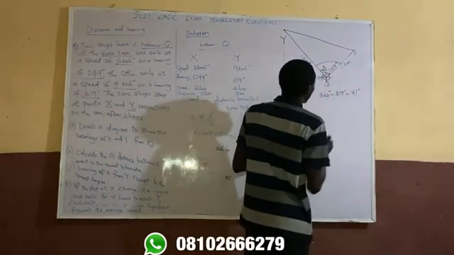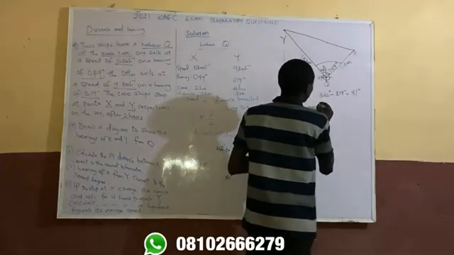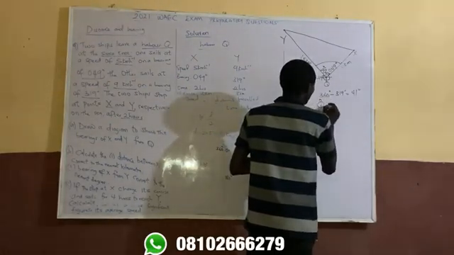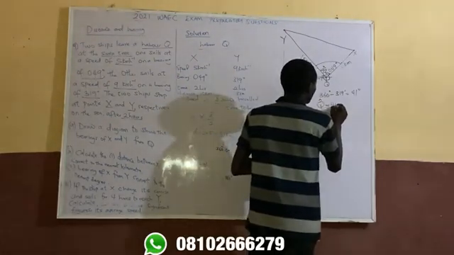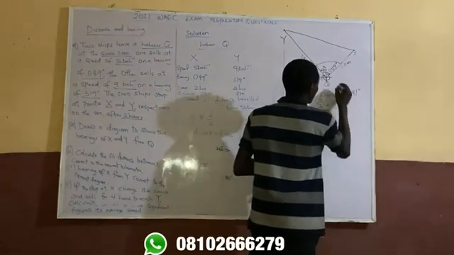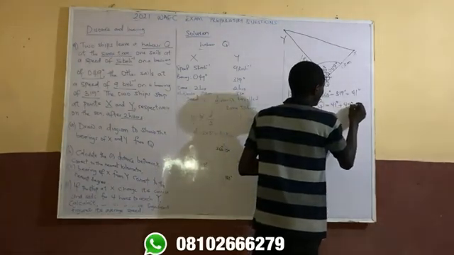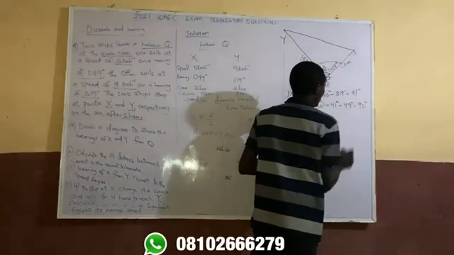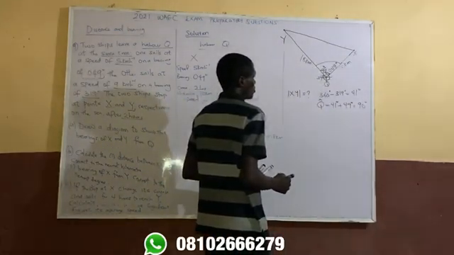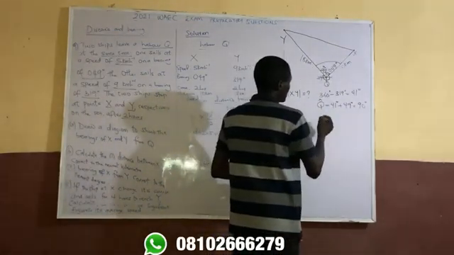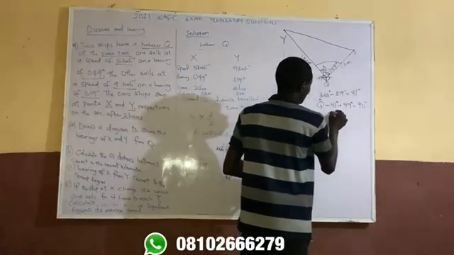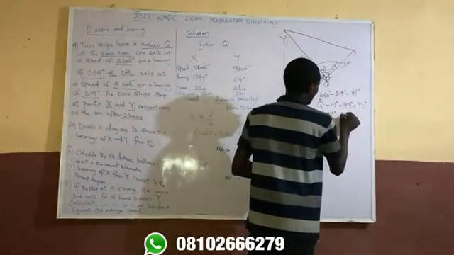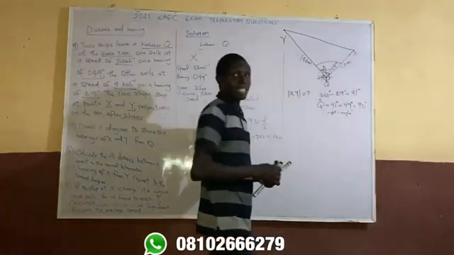Now we are going to add it together. The whole angle, the angle Q here, will be equal to 41 degrees plus 49 degrees, which is equal to 90 degrees. Oh, the right angle. So we have a right angle here.